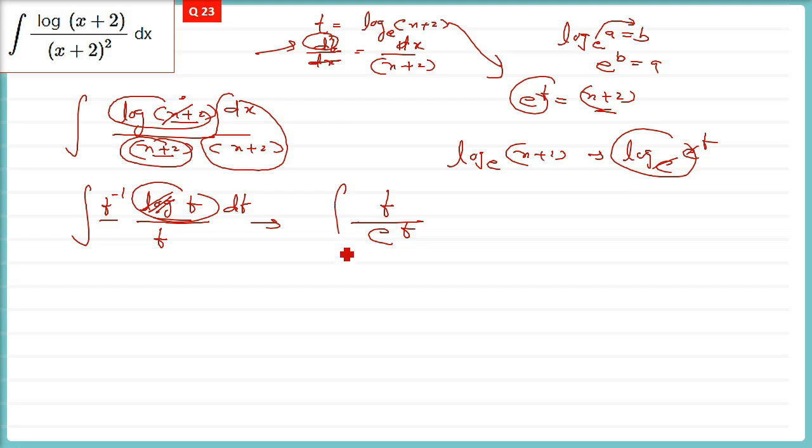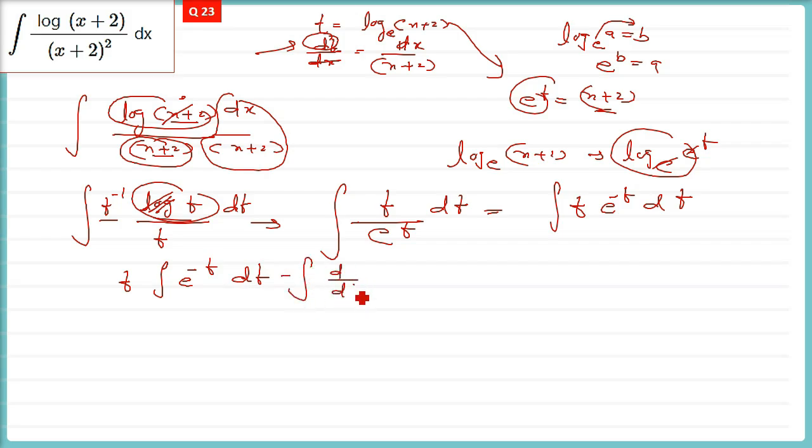Now this integration will be done, and again we have to do the same thing. e raised to t has to be brought upstairs, written as e raised to negative t. So t into e raised to negative t dt. We take the algebraic expression first, t, times the integration of e raised to minus t dt, minus the integration of d/dt of t times the integration of e raised to minus t. We have taken u as t and v as e raised to minus t.